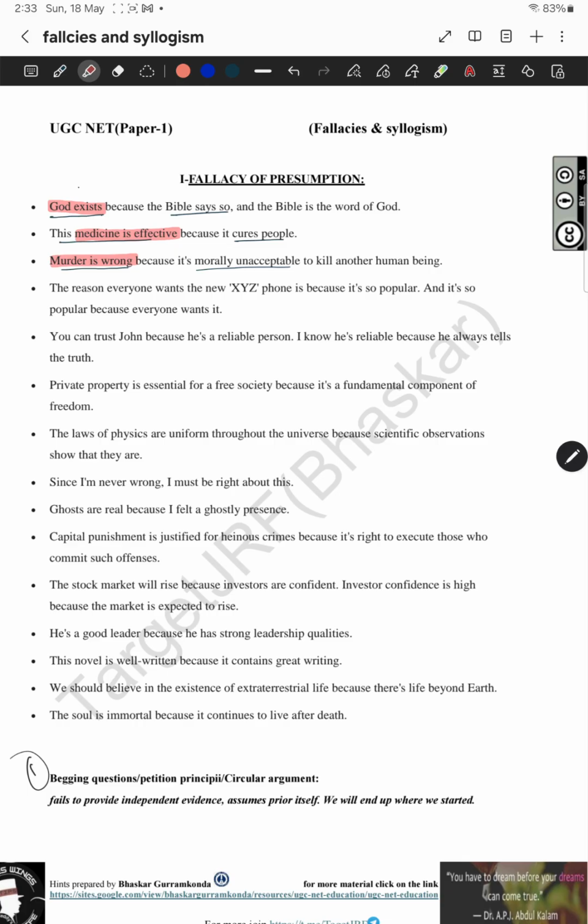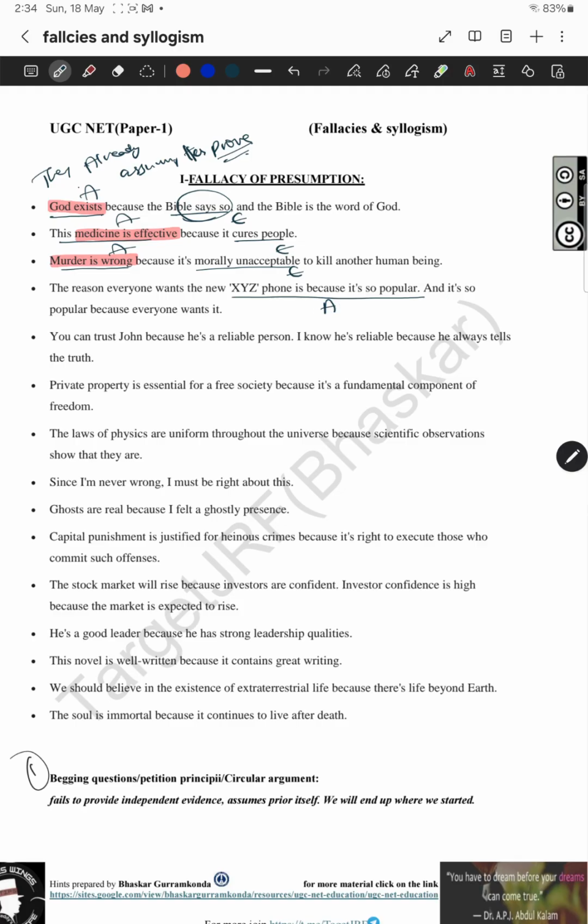So here in all, first they already assume what they wanted to prove, and then they give the explanation. This is assumed, this is explanation; assumed, explanation. Here also, the reason everyone wants the XYZ phone is because it's popular.